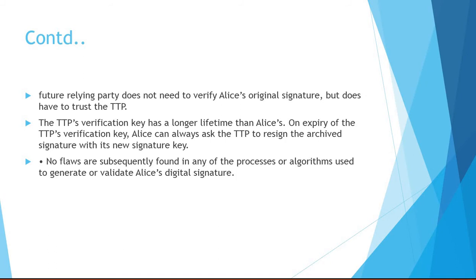That verification key they have shared is valid for a particular amount of time. After that time elapses, the trusted third party's verification key will expire, so once again she has to acquire that verification key.